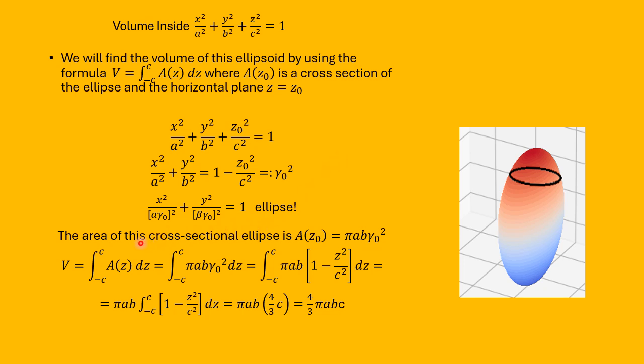If A and B are equal and less than C, we have what is called a prolate ellipsoid. And if all of A, B, and C are equal, then the ellipsoid turns out to be a sphere. So we can see that ellipsoids are kind of a generalization of spheres, but in this case, they can be stretched or contracted along various directions.